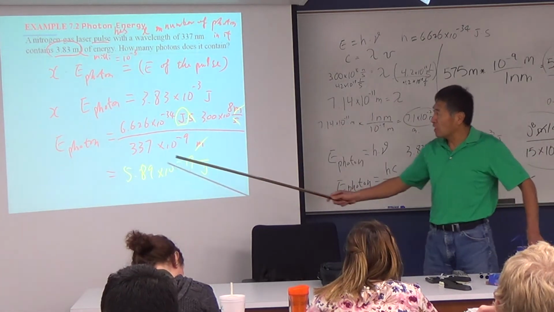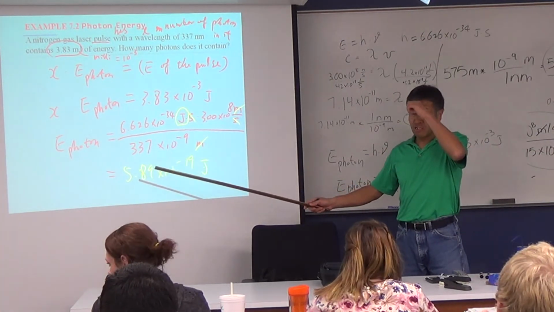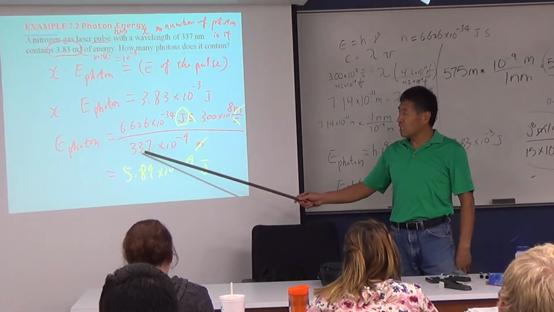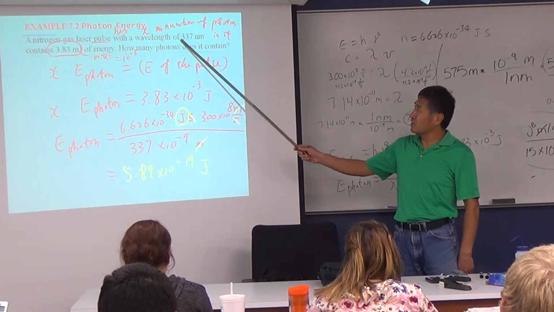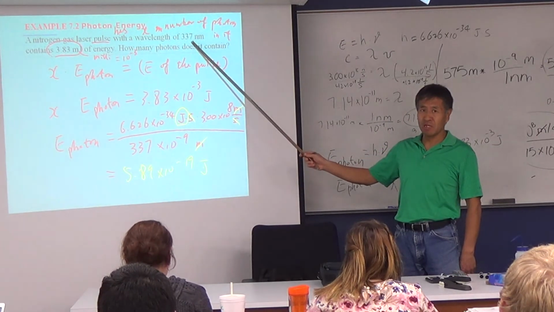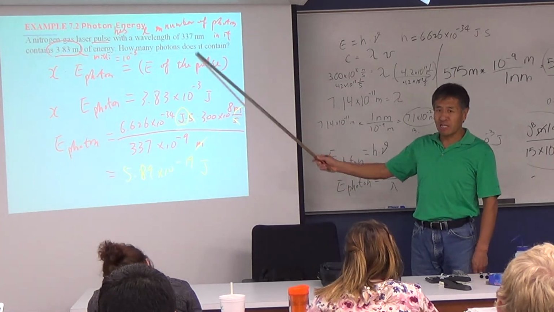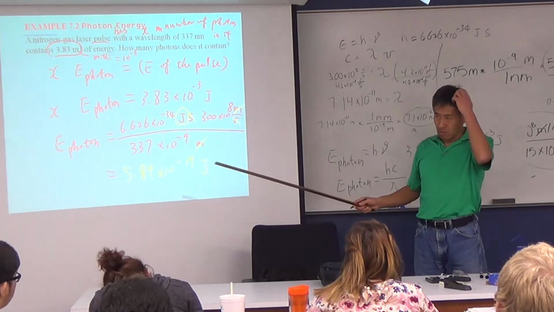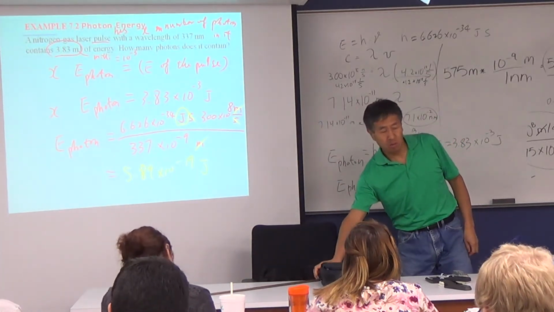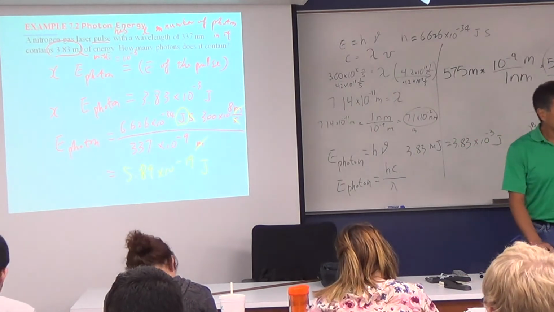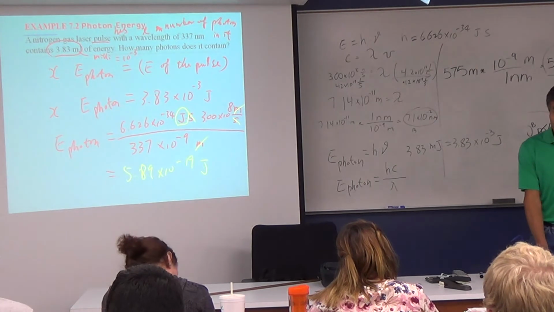You probably missed something here. You probably changed both. You don't change this number at all. 337, 337. What we did is simply replace that n by 10 to the negative 9. Any other questions? No, right?